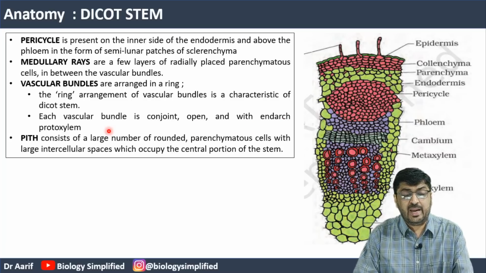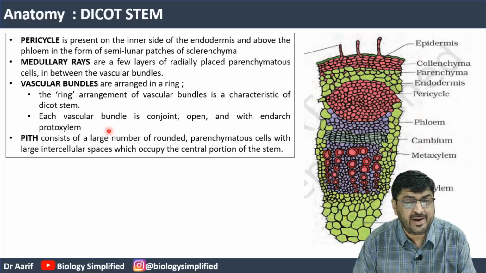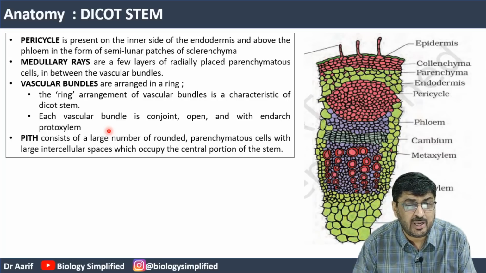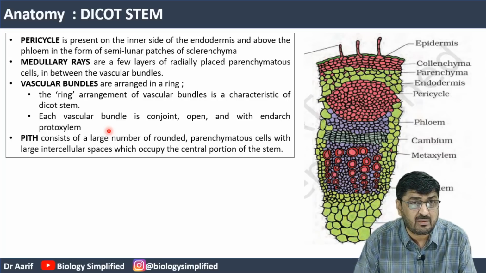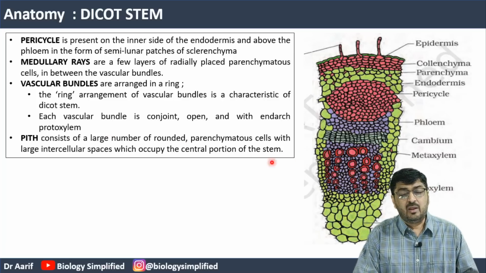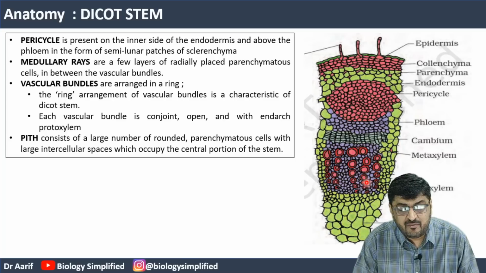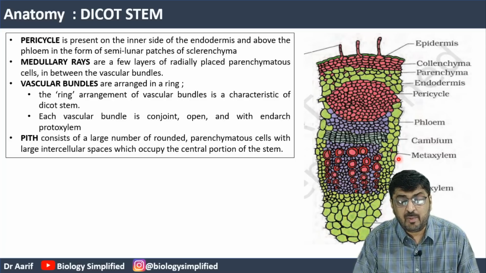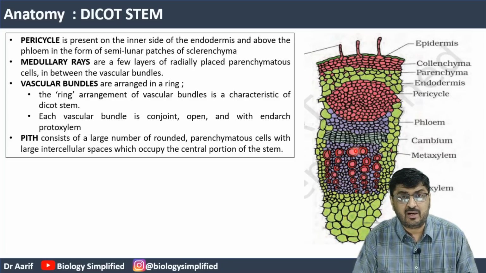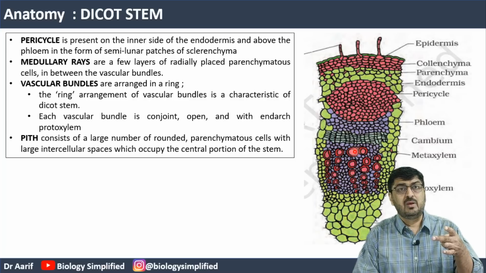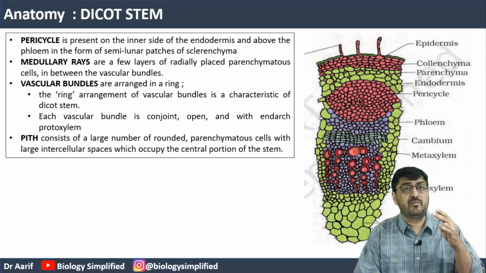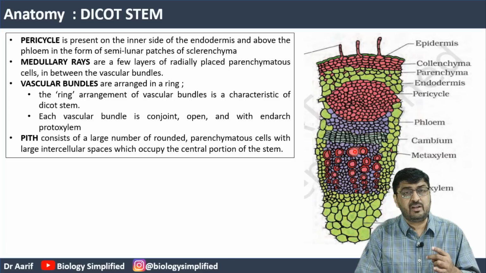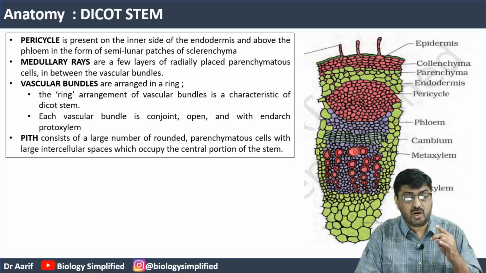End arch protoxylem. So what's an end arch now? Protoxylem is towards the pith, अंदर की तरफ है। Look at this, can you see protoxylem के vessels बहुत छोटे छोटे हैं, metaxylem के बड़े बड़े हैं, right ना। So you should know protoxylem, metaxylem, right। Protoxylem, metaxylem is going to play a very vital role in our next lecture, secondary growth के अंदर, right। So please get your concepts cleared if you have not understood.